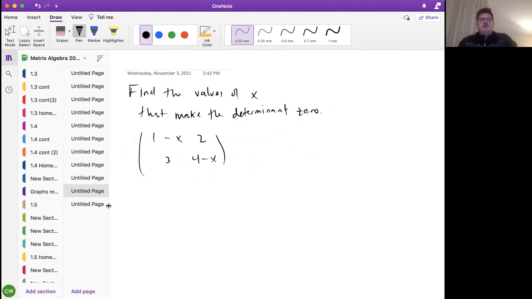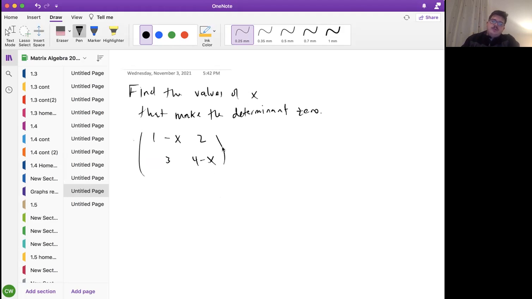Okay, just a few other things I want to talk about, just problems you might see. Let's do an algebra problem. Let's say, and this will pop up later in the course, you have the matrix 1 minus x, 2, 3, 4 minus x. I want to find the values of x that make the determinant 0.